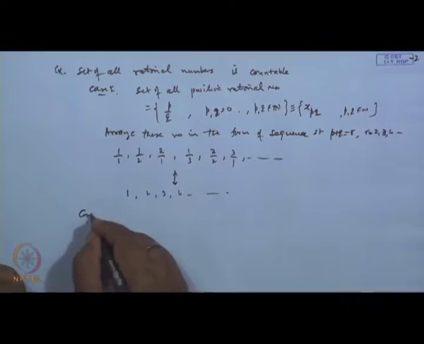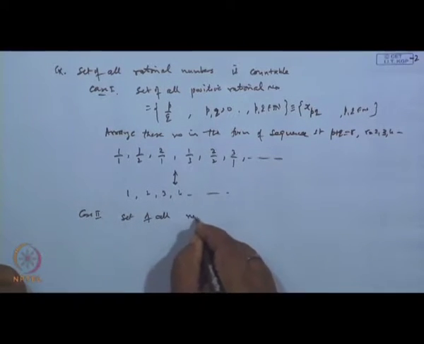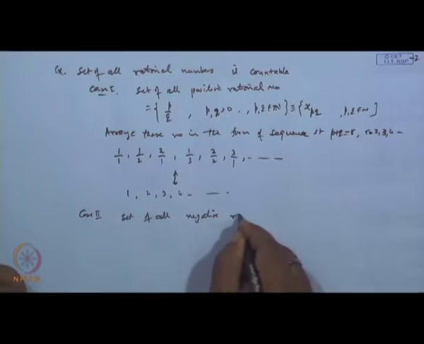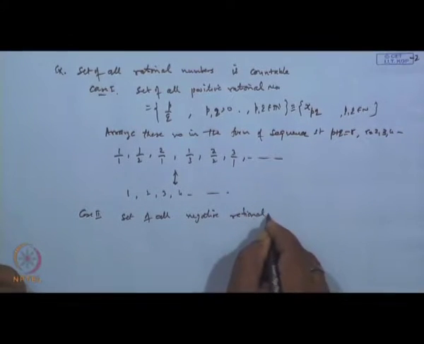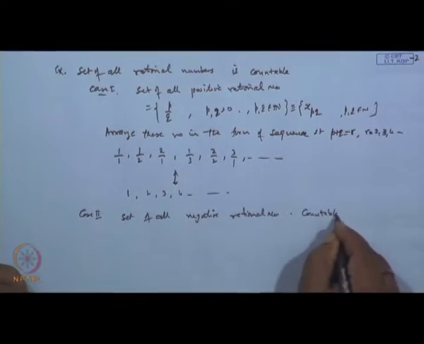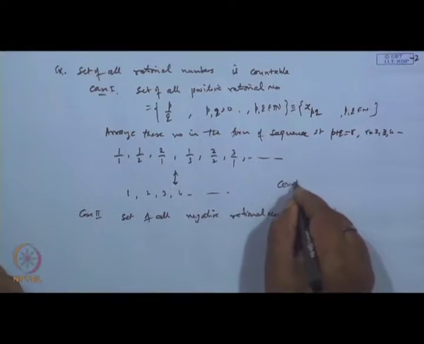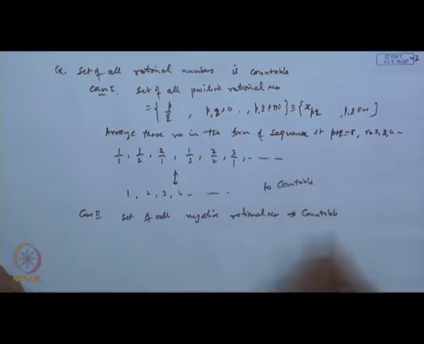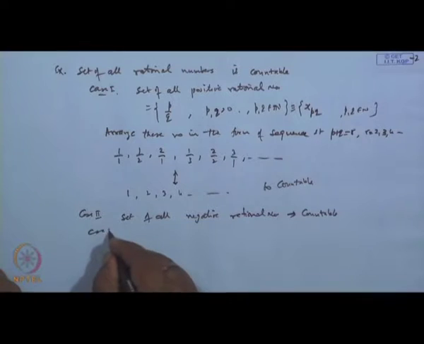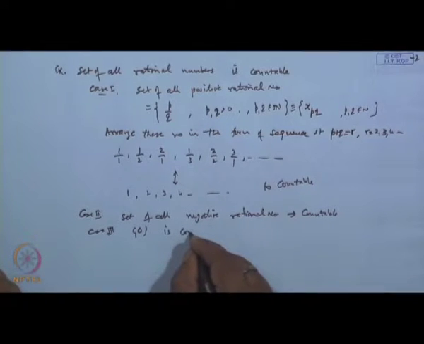Then the same case is with the set of all negative rational numbers. In a similar way, it is also countable. And the singleton set 0 is finite, hence countable.